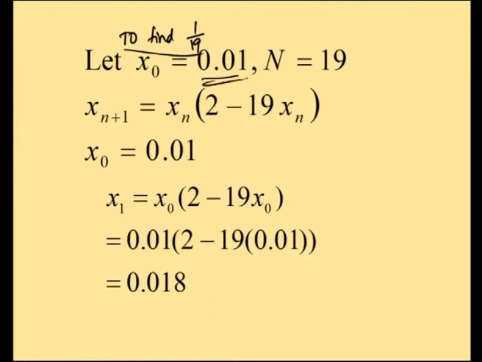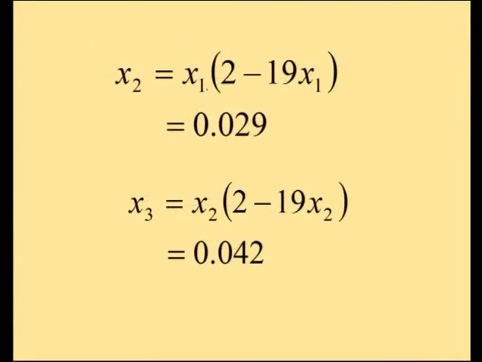This is our assumption. xn plus 1 is equal to xn into 2 minus 19 into xn. So x1 is equal to x naught into 2 minus 19 x naught. Substituting x naught is 0.01, 0.01 into 2 minus 19 into 0.01, when you simplify, you get x1 is equal to 0.018.